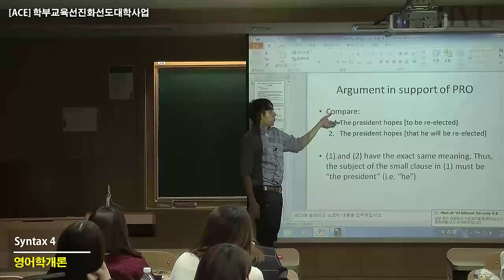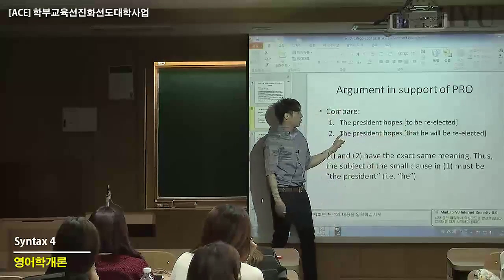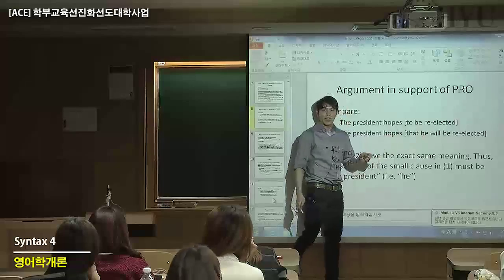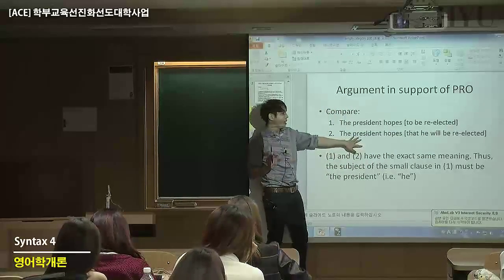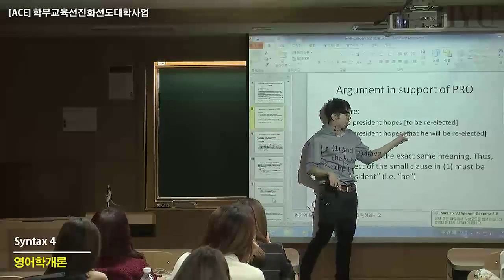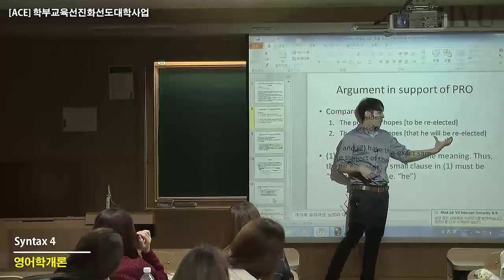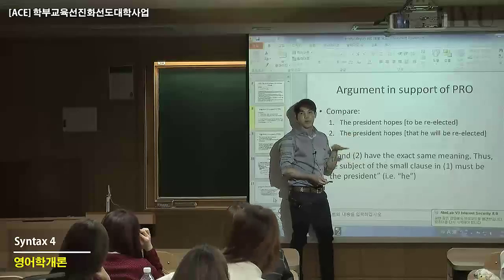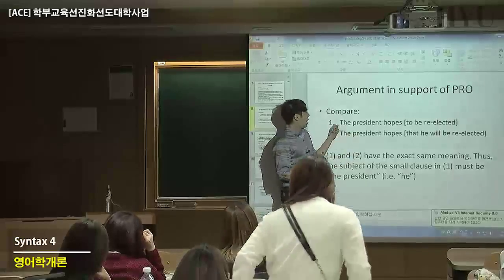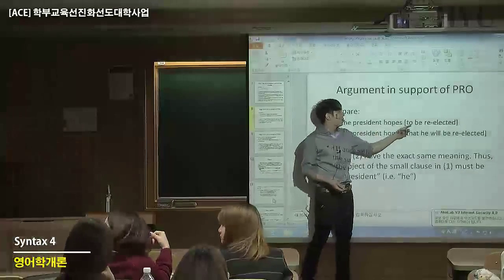The same for these two sentences. The president hopes to be re-elected. The president hopes that he will be re-elected. The second one is the full version of a CP. So you have a complementizer, an NP he, and then the tense verb, will be re-elected. So that's what we have normally. But in number one, it's a small clause, hopes to be re-elected.